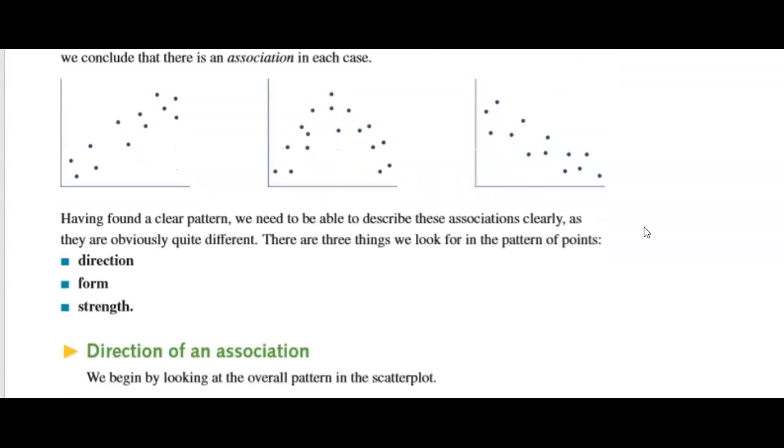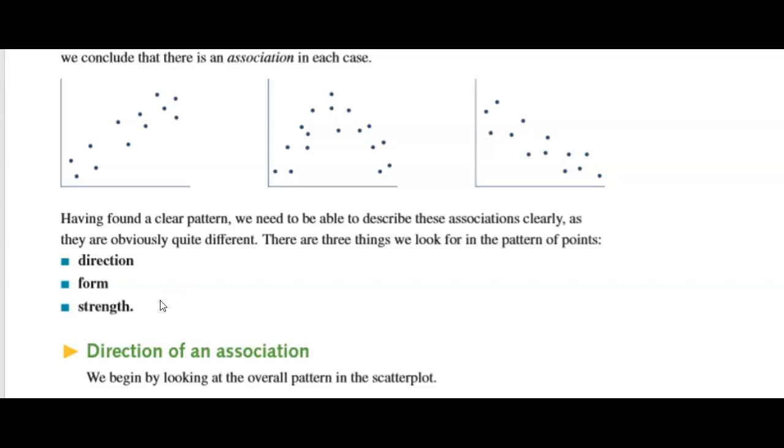So the three things we focus on is the direction, so whether it's positive or negative, the form, whether it's linear or non-linear, so the two at the end are linear. Think of linear as in line, it's forming a straight line. Obviously it's not clearly a perfect line, but it's not curved like this middle one. And strength means, well, is it perfectly strong?